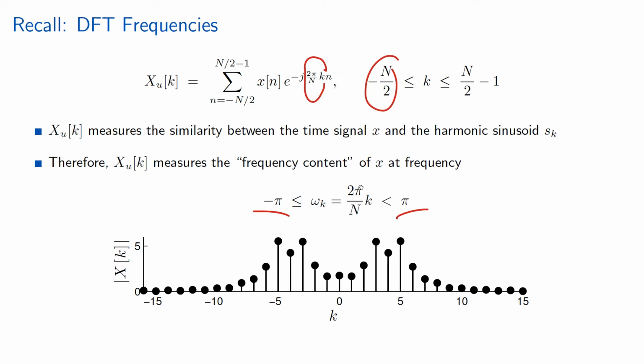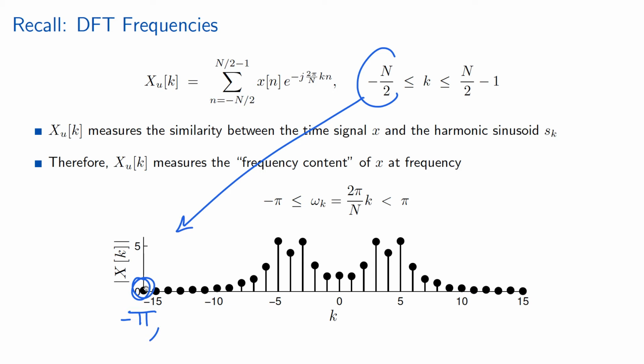And so it's very important that no matter how many points there are in this particular DFT, we're always in a situation where the first point, corresponding to k equals minus N over 2, corresponds to exactly a frequency omega_k equals minus pi.